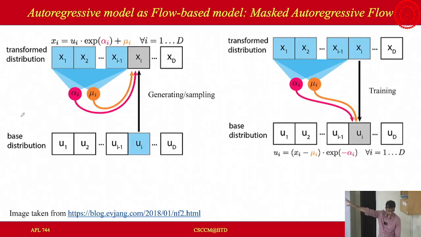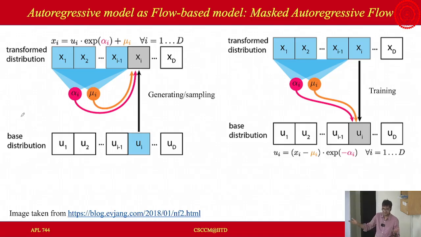So this is what I was talking about, right? I just drew this diagram only, the left one. So you have to see alpha i and mu i is like your mu and sigma, whatever you call it, right? They are functions of x. So you sample them, and then you take z also, and you can go to x. Or if you take x, you can go to u.